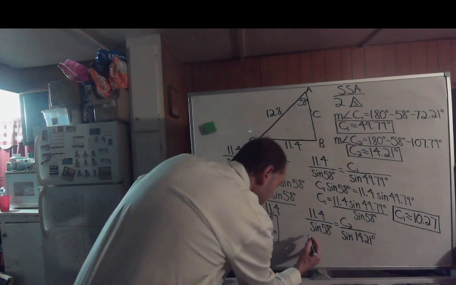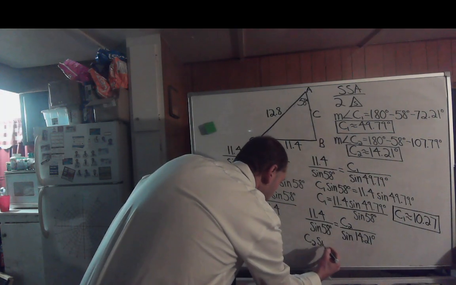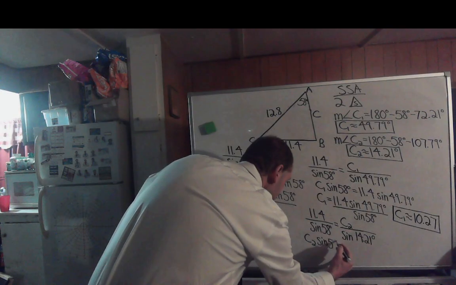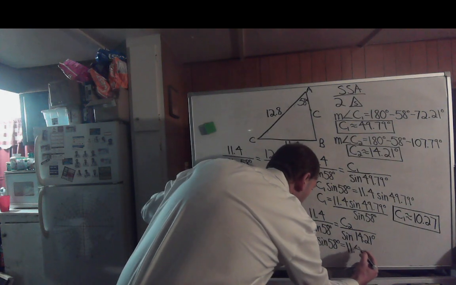So then that means that C2 times the sine of 58 degrees is equal to 11.4 times the sine of 14.21 degrees.